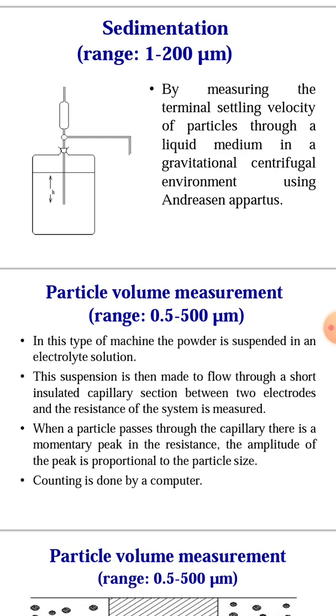A deflocculating agent will help in uniform dispersion of the suspension. Next, transfer the suspension into the Andreasen vessel. Place the stopper and shake the vessel to distribute the suspension uniformly.